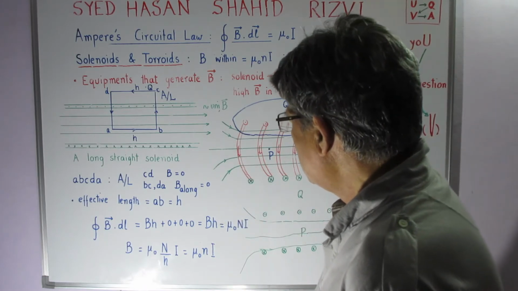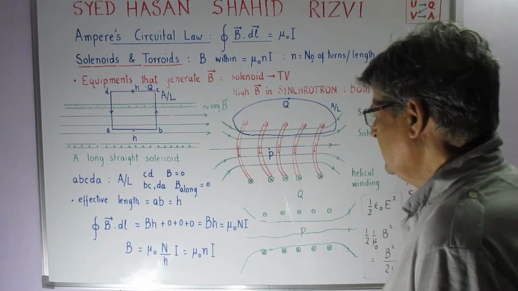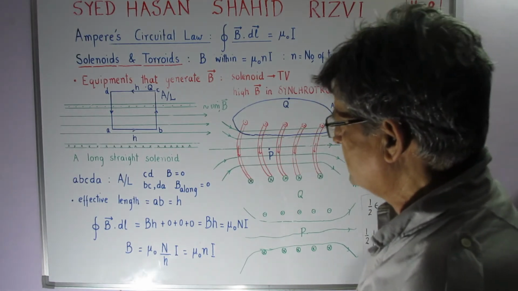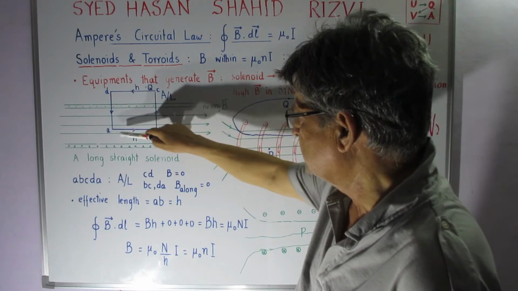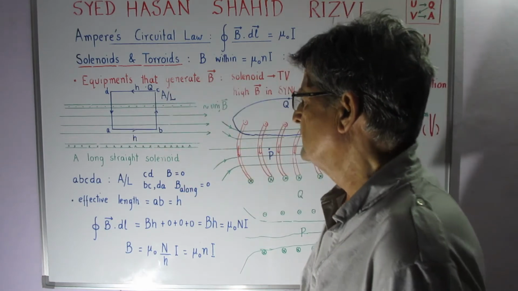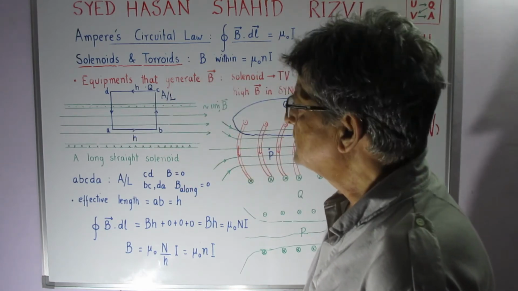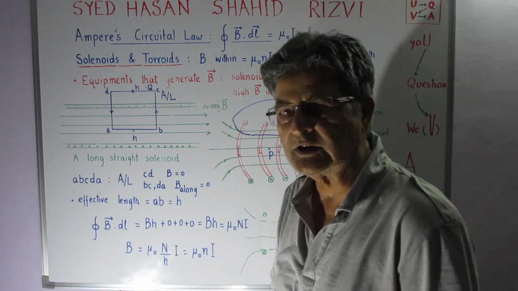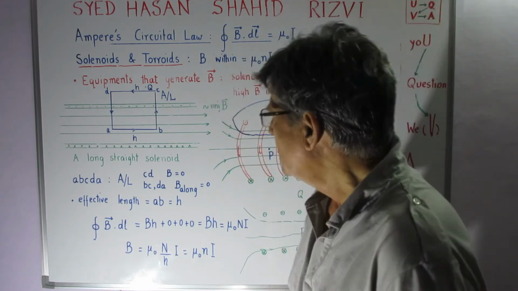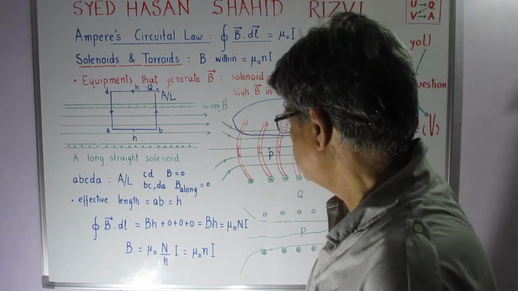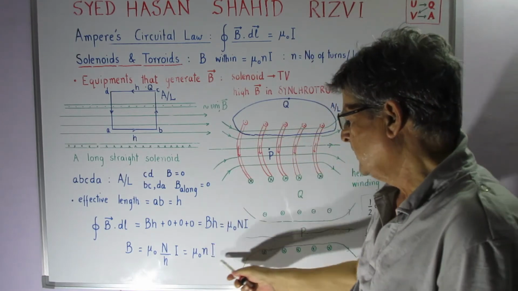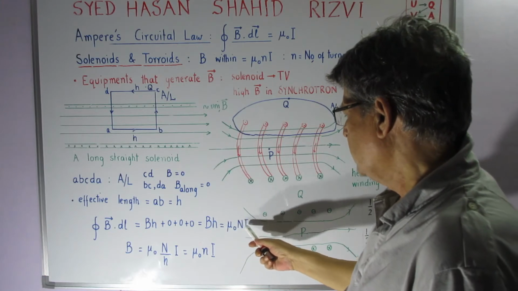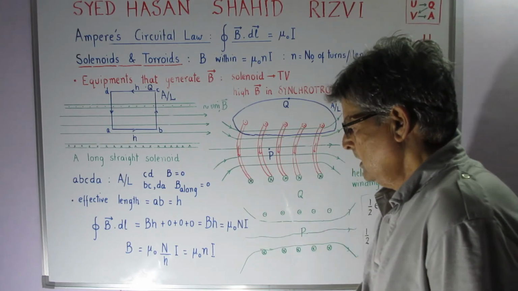Now, if n is the number of turns between A and B, that is in the length h, then the total current is equal to n into I. So from this relation we will get mu naught, and now the total current becomes mu naught n I.